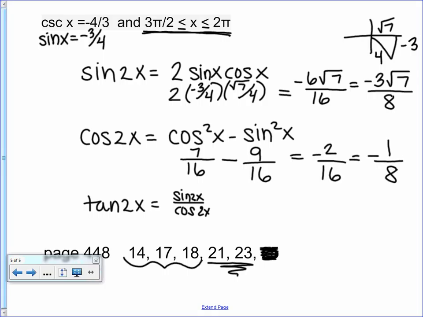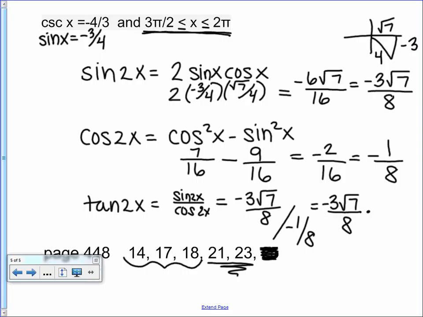So to find the tangent of 2x, I'm using the shortcut way. I'm going to rely on my first two answers. So I wrote down my first two answers. And now I'm just going to simplify it. A negative 3 square root of 7 over 8 times a negative 8 over 1.